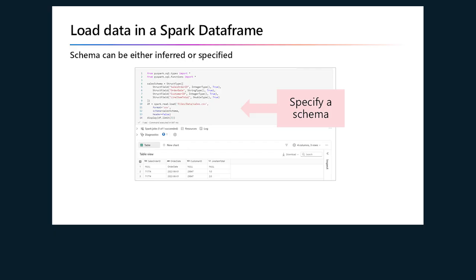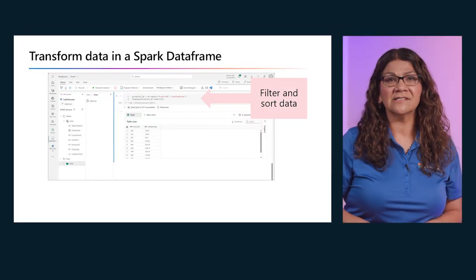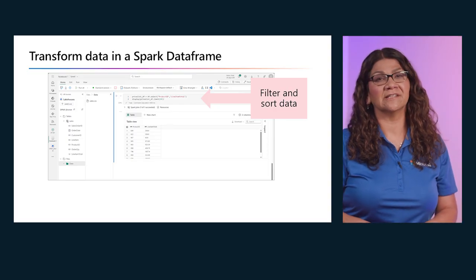Data frame methods are functions or operations provided by a data frame object, and that allow us to manipulate and analyze data stored in a tabular form. You can use the methods of the data frame class to filter, sort, group, and otherwise manipulate the data it contains.